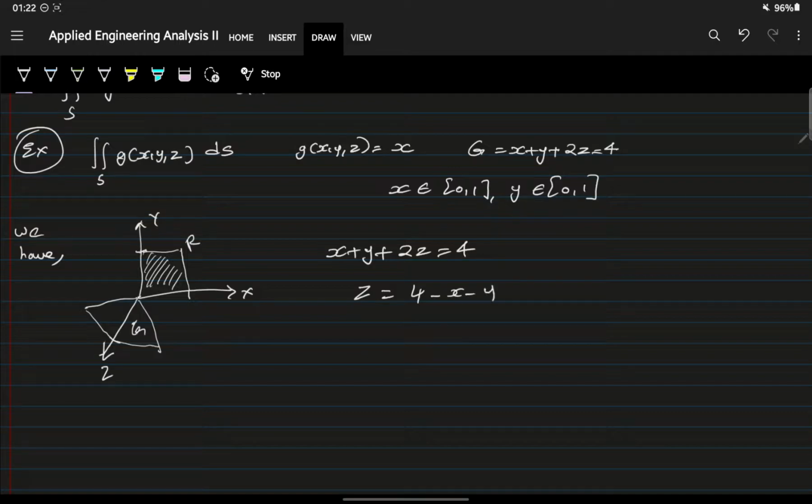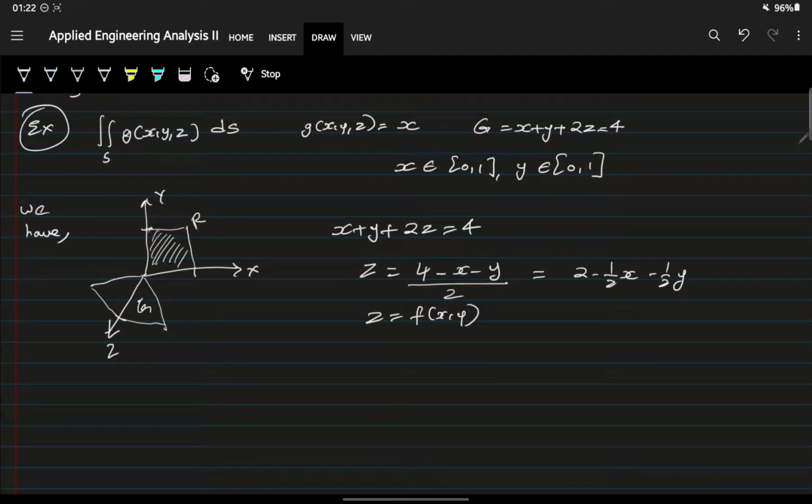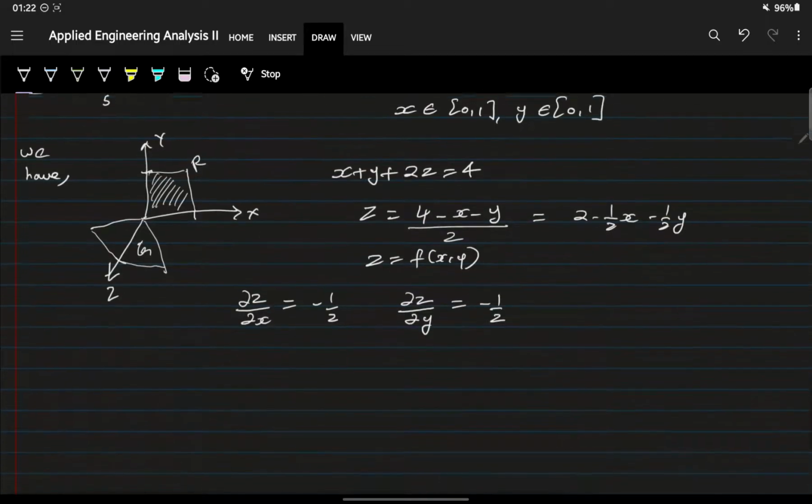So we get z as (4 minus x minus y) by 2, which is 2 minus 1 by 2 x minus 1 by 2 y. That is, z is equal to f of x, y. The partial derivative with respect to x is minus 1 by 2, and with respect to y is also minus 1 by 2.